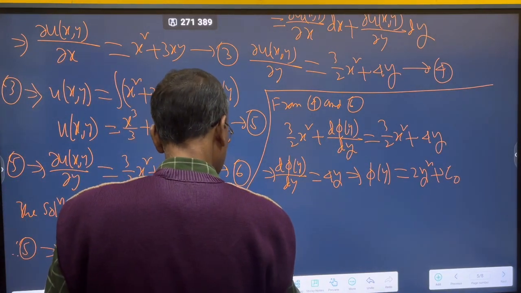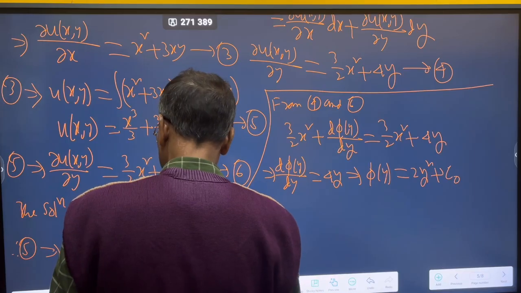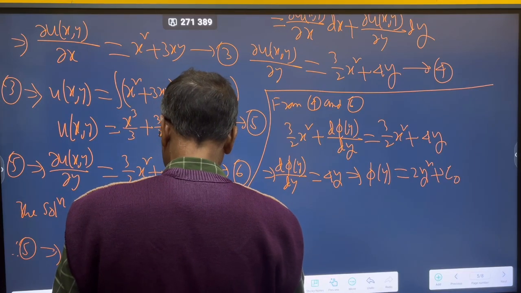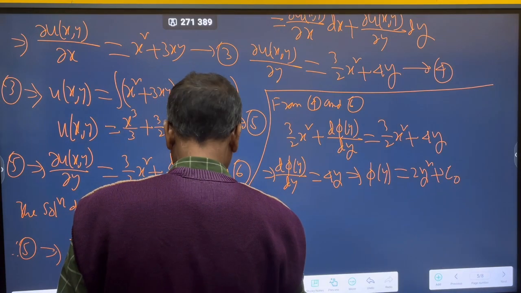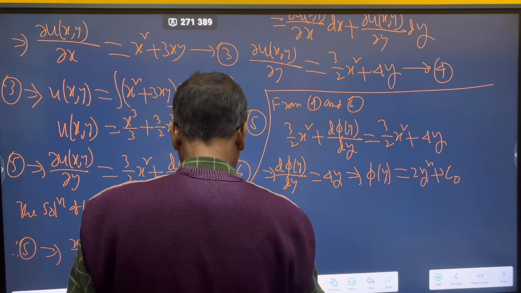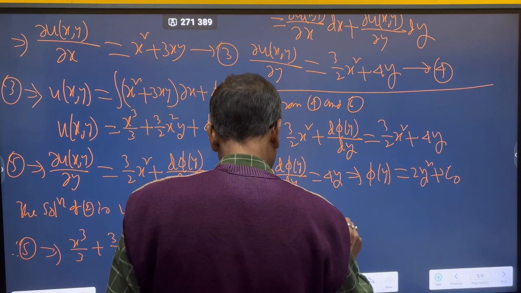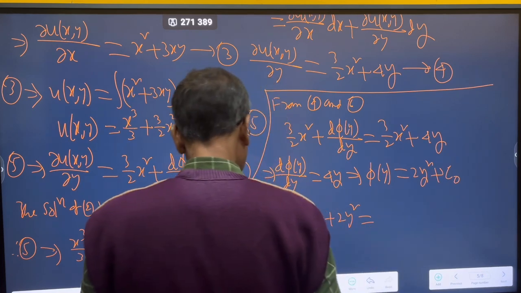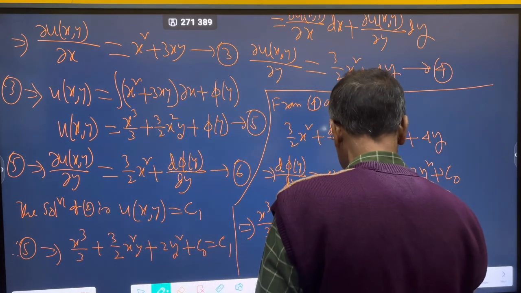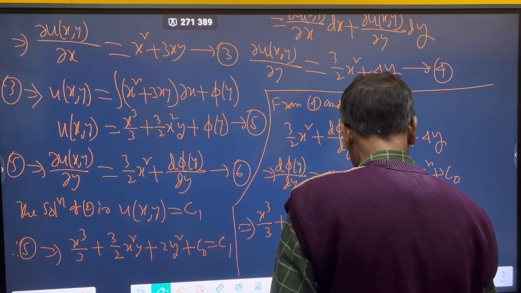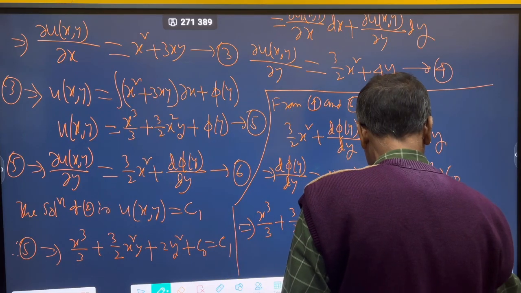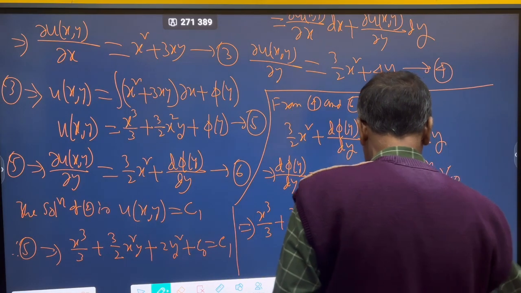Or x cubed by 3 plus 3 by 2 x square y plus twice y square equal to c divided by 6, where c by 6 equals c1 minus c naught.